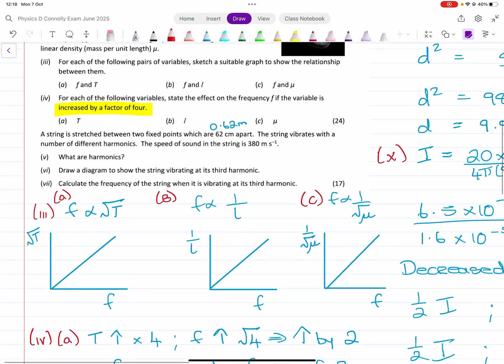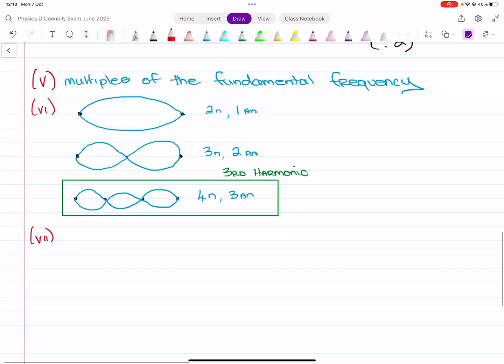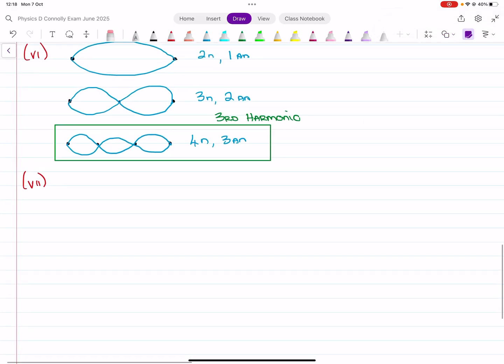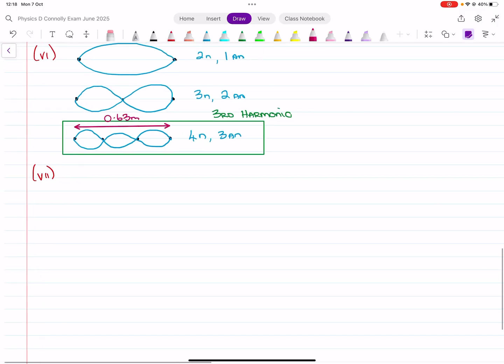The last one then is: calculate the frequency of the string when it is vibrating at the third harmonic. Right, so the length here is 0.63 of a meter is what we were told.